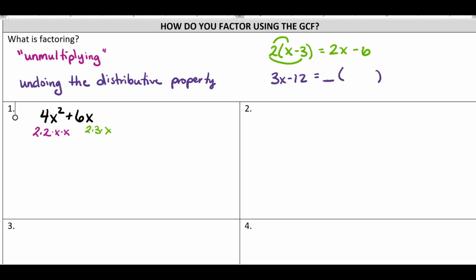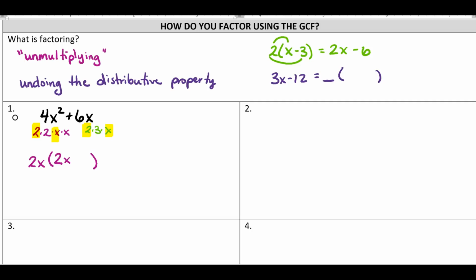So now we need to find the common factors. So they have a 2 in common, and they have one x in common. So our greatest common factor is going to be 2x. So now we have to figure out what did we multiply 2x by to get 4x squared plus 6x. Well, 2x times, 2 times 2 is 4, and x times x is x squared.